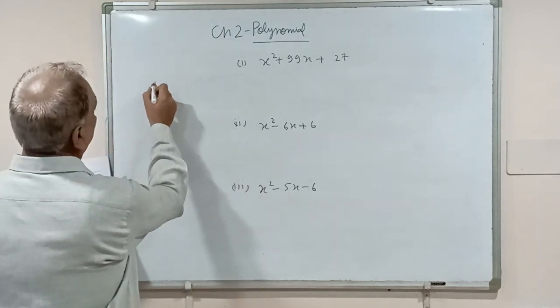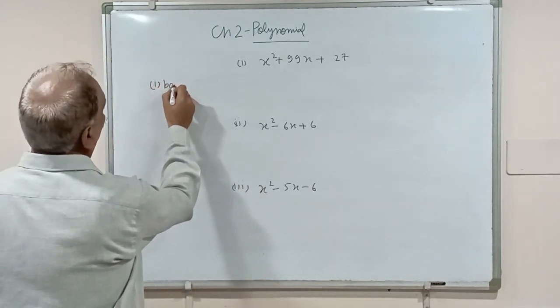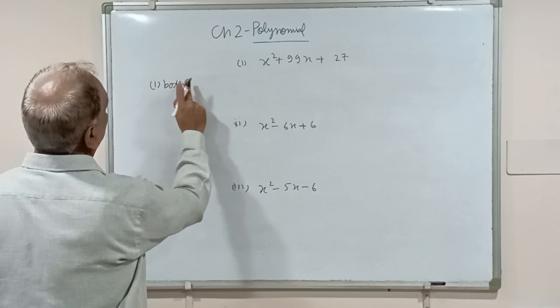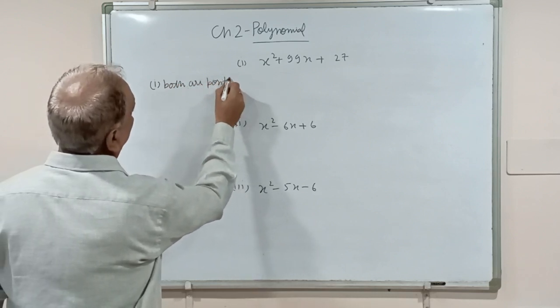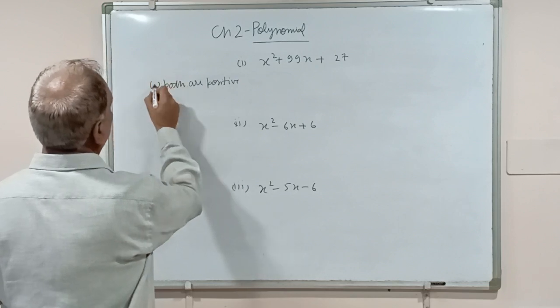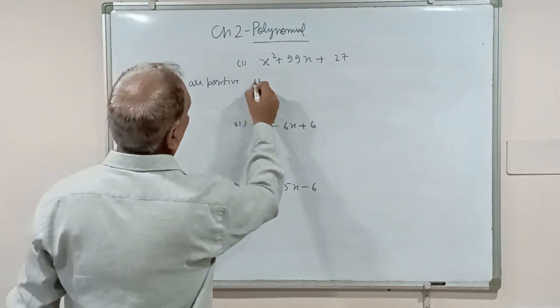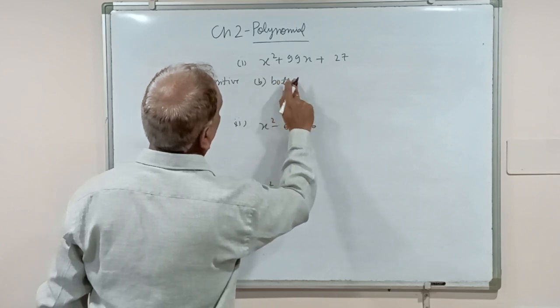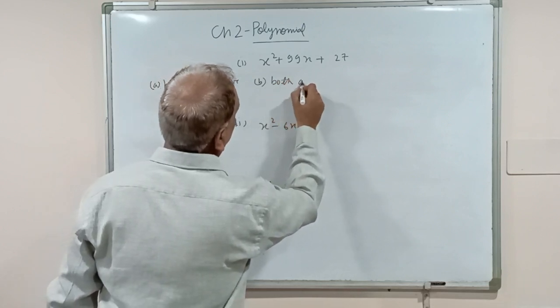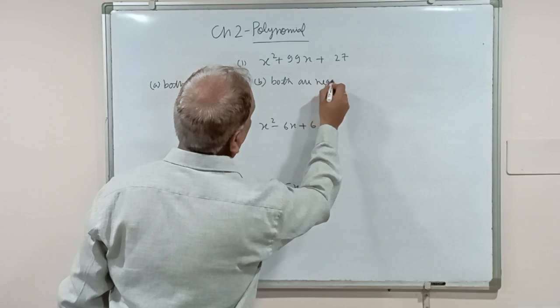A option, both are positive. B option, both are negative.